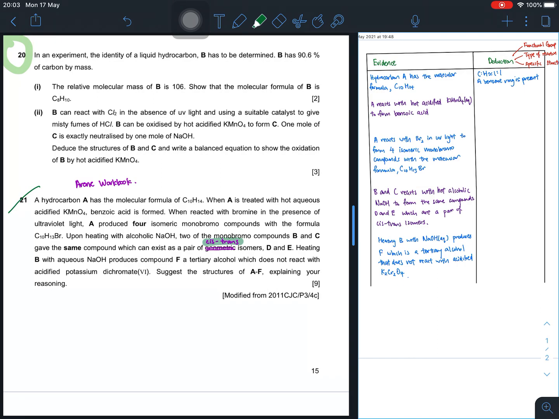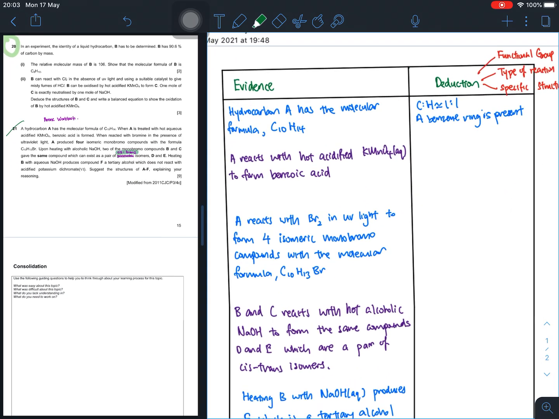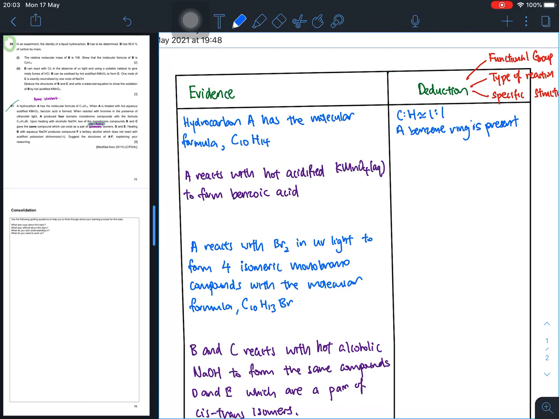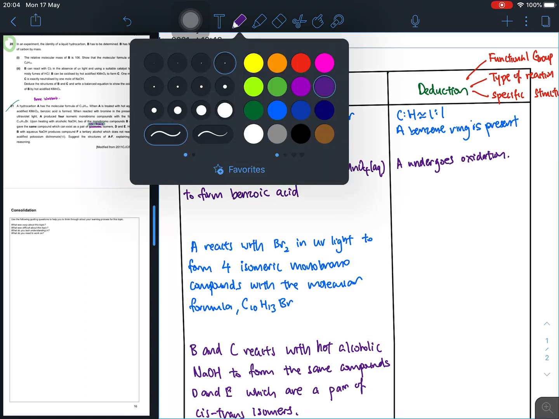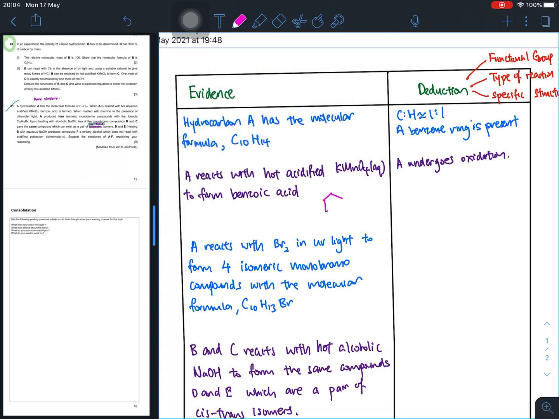With the use of hot aqueous acidified KMnO4, I can deduce the reaction, which is the fact that it is an oxidation process. So I will mention that A undergoes oxidation. Since it forms a benzoic acid, you need to have an idea that a benzoic acid looks like this.